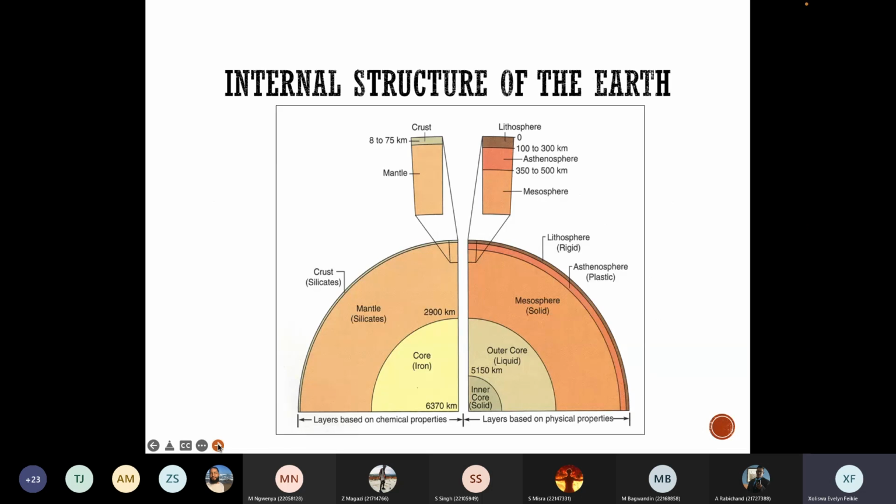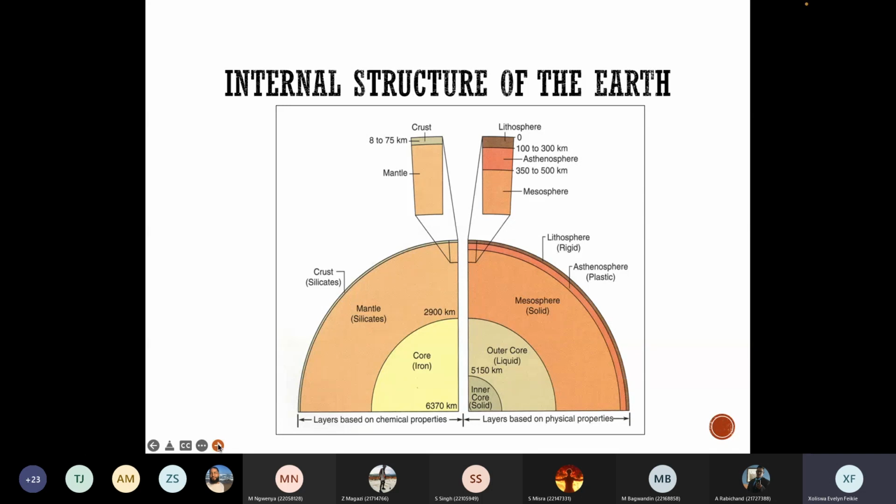When we are talking about the different layers of Earth, sometimes you will be asked for the layers of the Earth based on chemical properties, right? When you look at this diagram, that's when they talk about the core, the mantle, and the crust, right? And then when they say based on physical properties, you need to know that you have an inner core, outer core, mesosphere, asthenosphere, and the lithosphere, right?